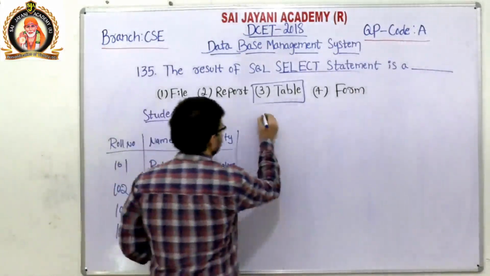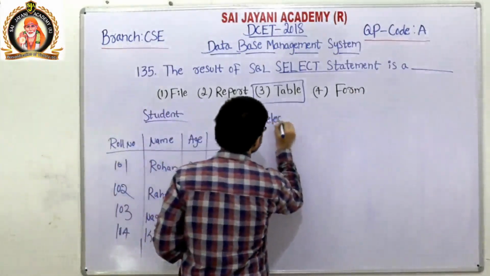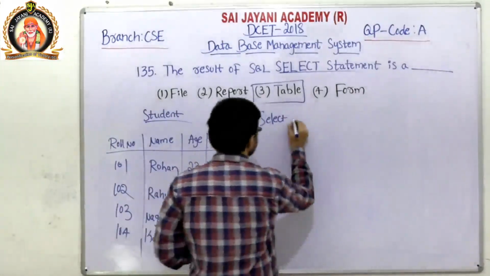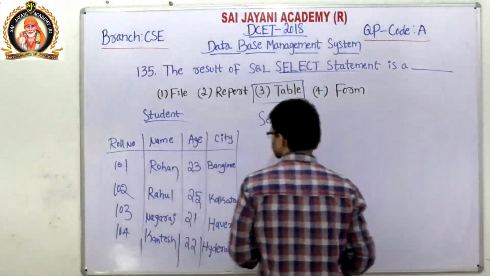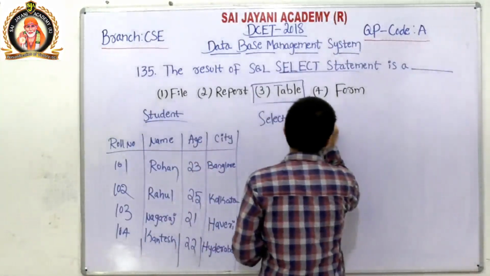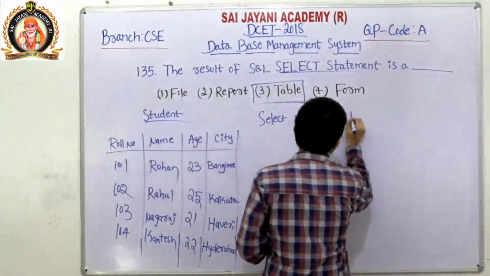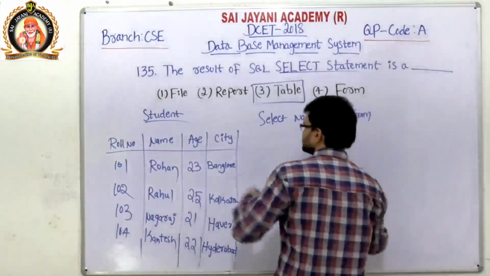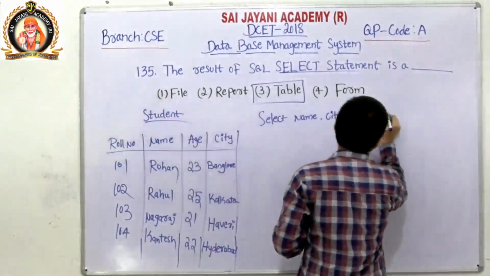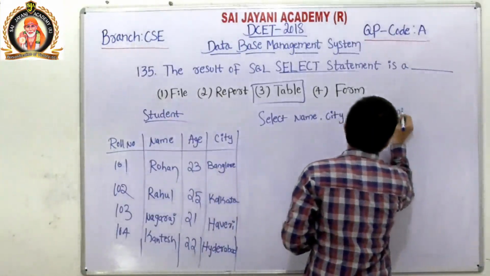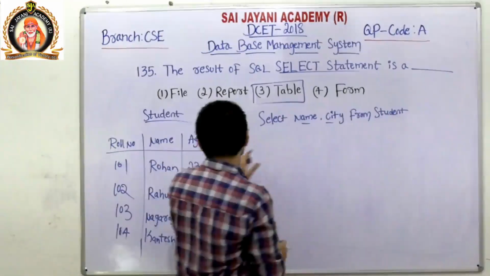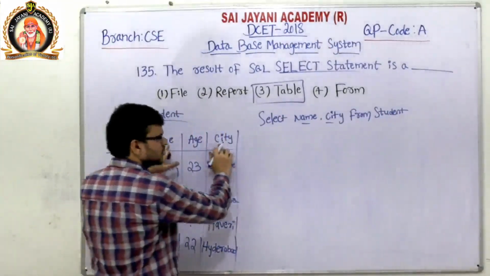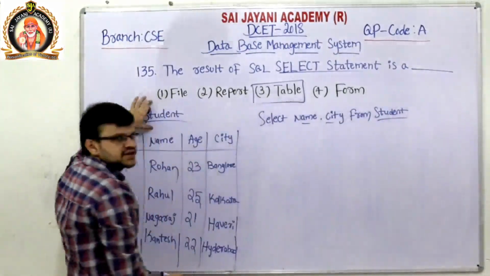When you write the query, that is select name, city from which table? Student table. Here select will select the name and city columns from the table student.